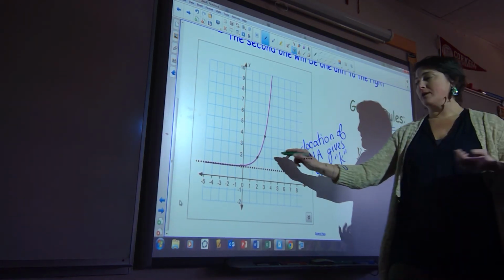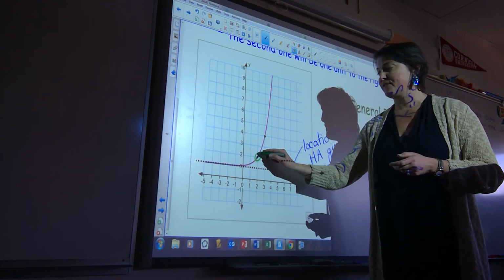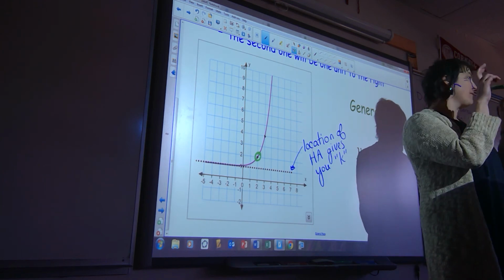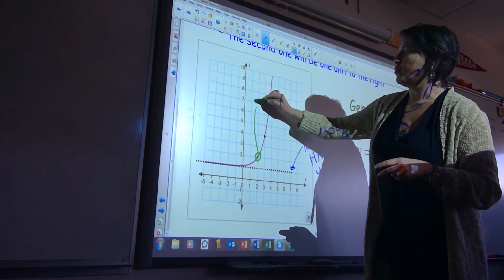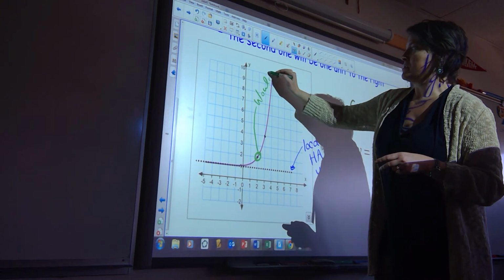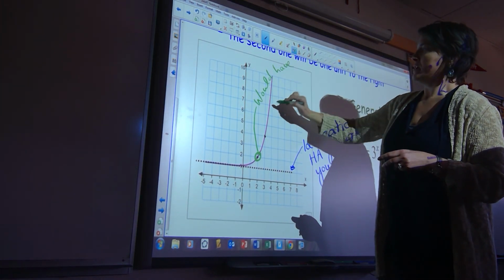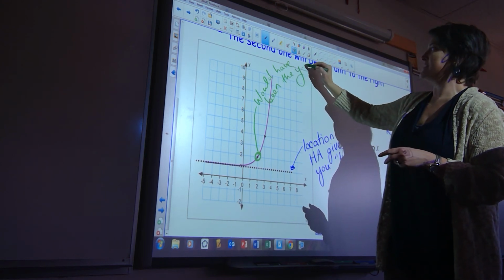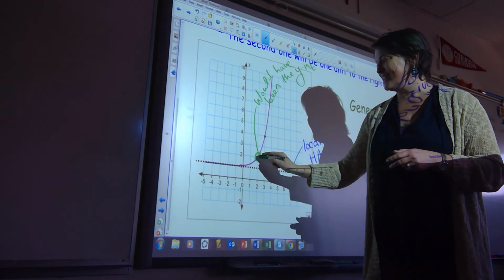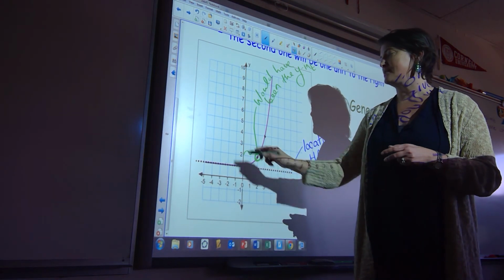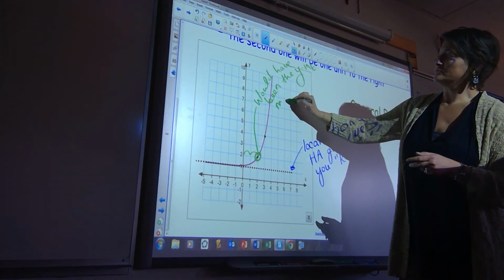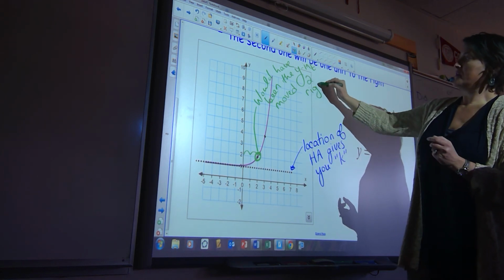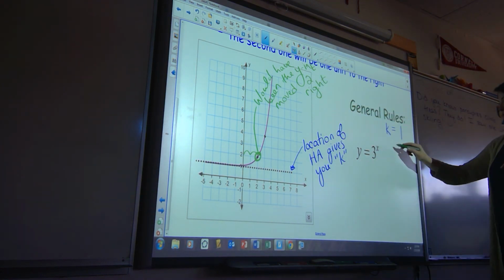When we give you the key points, the first one should have been the y-intercept on the parent graph. And so in this case, you can see here that it actually moved 2 spaces right. It moved 2 right. And so that's going to give you H.